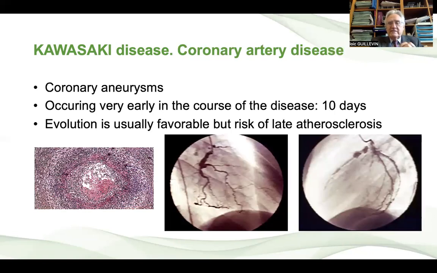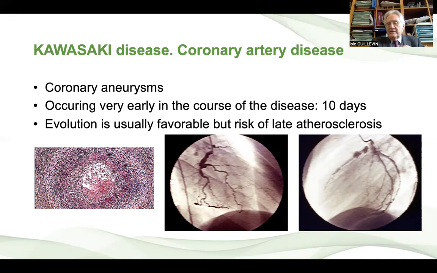The characteristic of this disease is the presence of coronary artery involvement. The coronary aneurysms occur very early in the course of the disease, approximately 10 days, and the evolution is usually favorable.